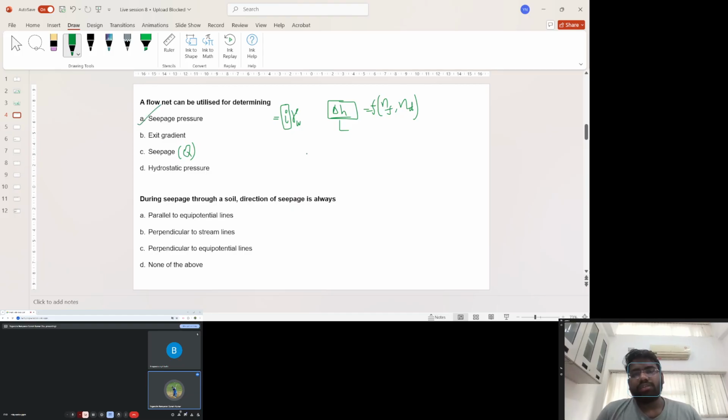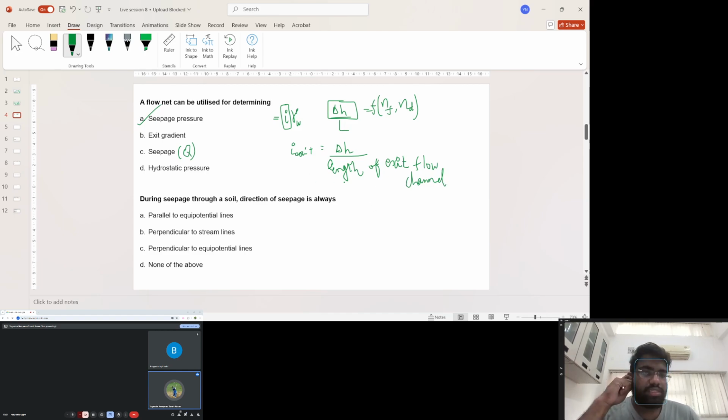And coming to the exit gradient, i exit depends on delta H by the flow dimension, that is the length of the exit flow channel.